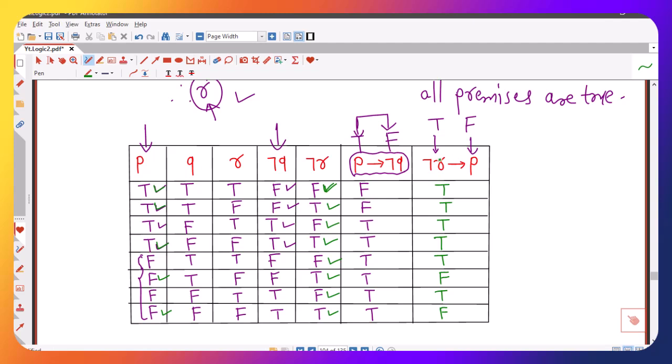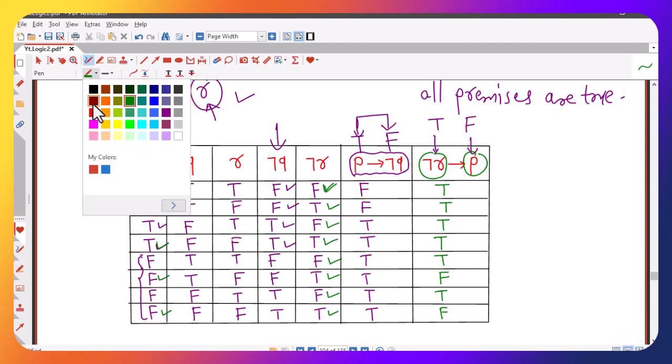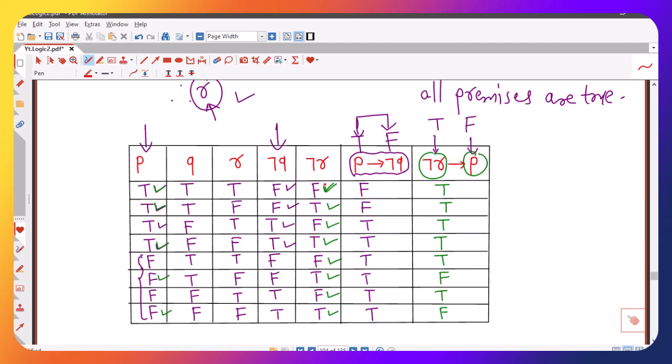We again check for this negation R and P. This is false if negation R is true and P is false. So we start with negation R again. Here negation R is false, so I will write true directly. Here negation R is true and P is true, therefore this is true. Then negation R is false, therefore this is true.